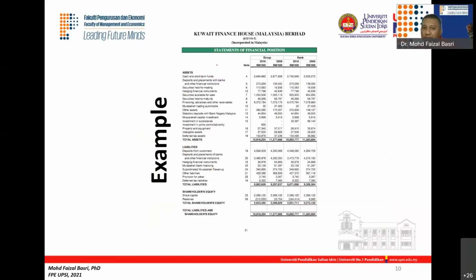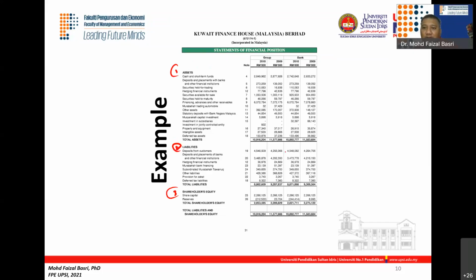The format is the statement of financial position, and like I said, this is the alternative name, and most companies nowadays use this name, statement of financial position, instead of balance sheet. So don't get confused when you open up annual reports and you cannot see the balance sheet, because now it is called the statement of financial position. Still, they have assets as number 1, liabilities as number 2, and the equity.